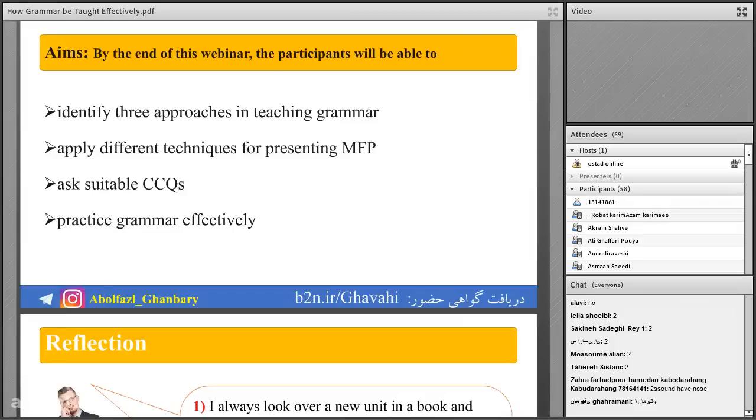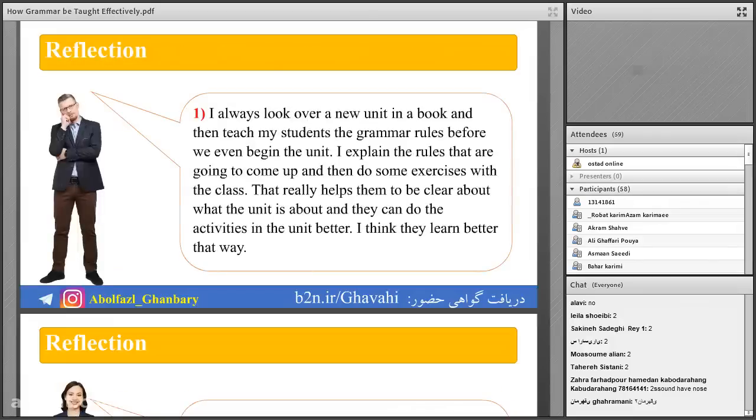As a first activity, I want you to think about these three quotes from three different teachers. They're talking about their approaches in teaching grammar. I want you to read about it and think about it for a minute.